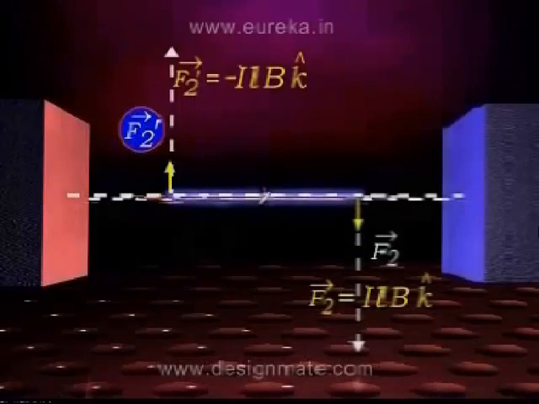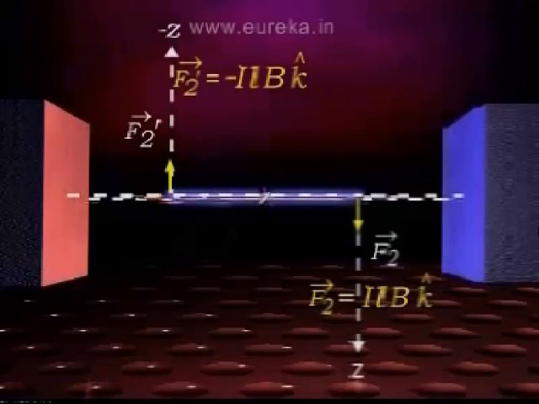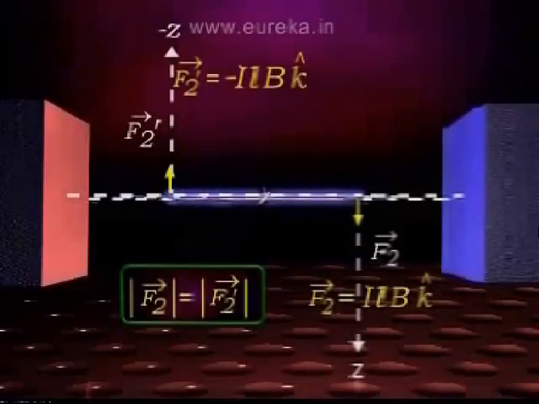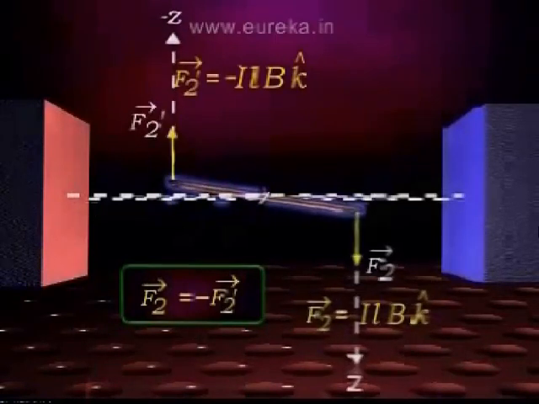Vector F2 dash is in the negative z direction. The equations show that modulus of vector F2 is equal to modulus of vector F2 dash, and also that vector F2 and vector F2 dash are oppositely directed, but they are not collinear, so they give rise to a torque.